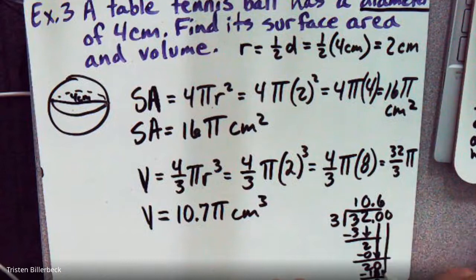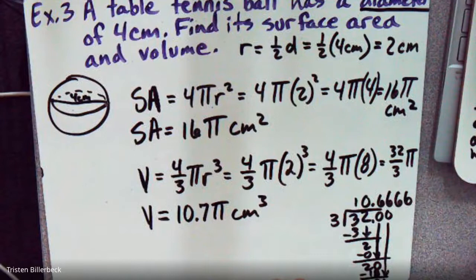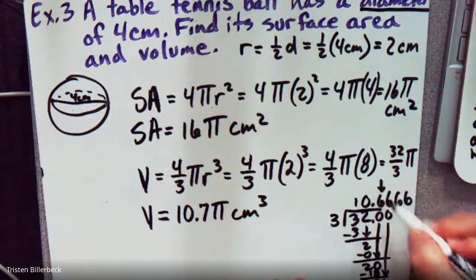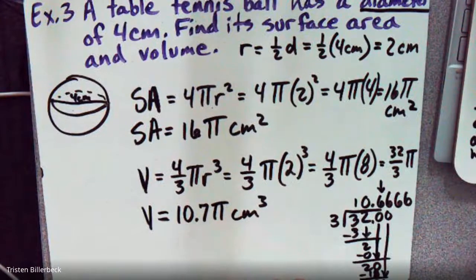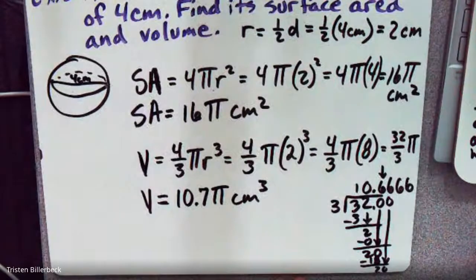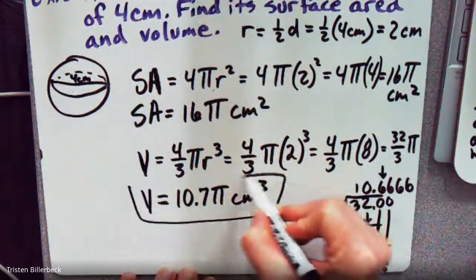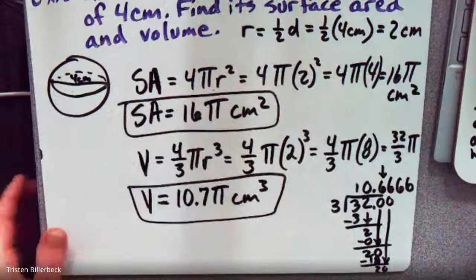So it's a repeater again. It just goes like that for 2/3. If I'm rounding, it's 5 or more, so raise the score. That's where I got the 7, by the way. So that is the volume of the sphere and the surface area. So there you go.